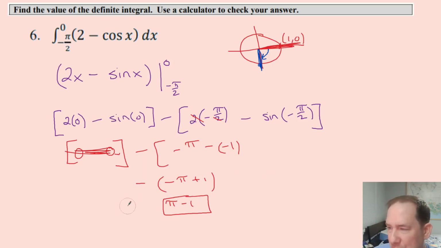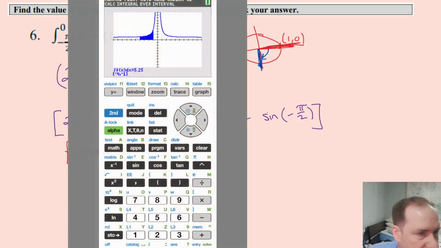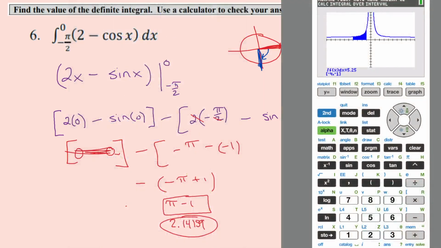I got a suspicion that pi minus 1 might just be 2.14159. So let's hit up our calculator and see if my suspicions are correct. Okay.